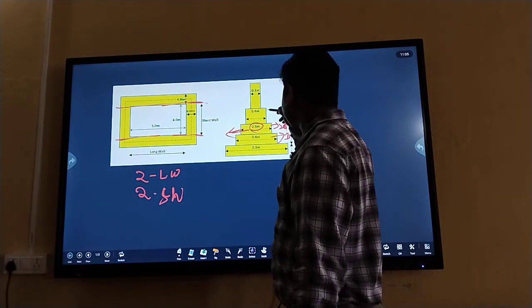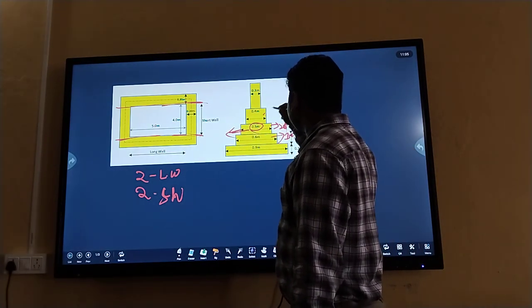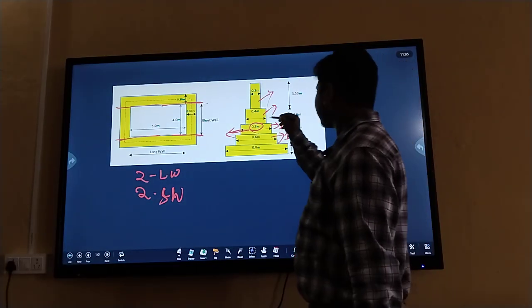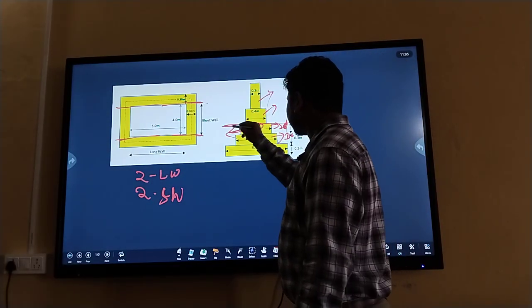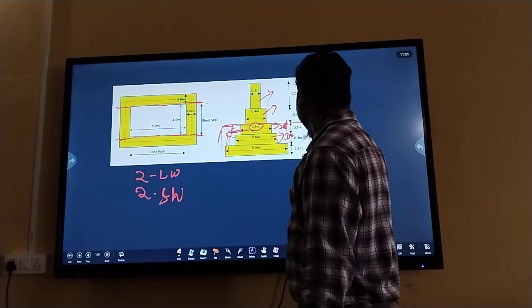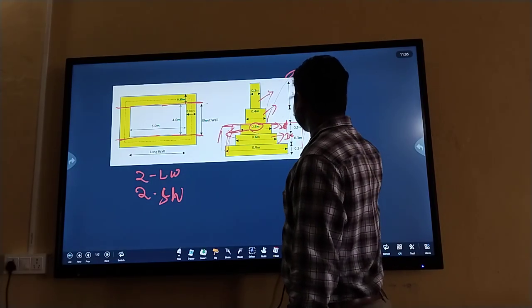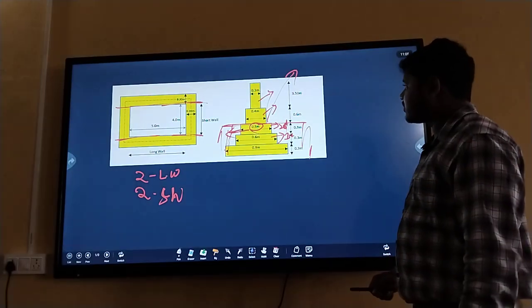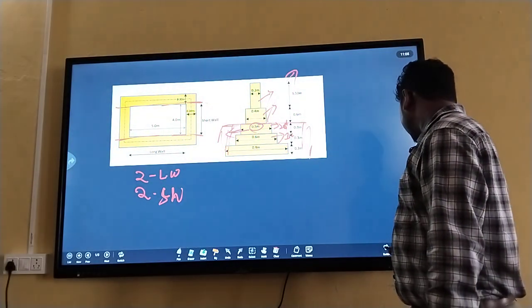Then we can calculate the superstructure portion from plinth and wall. This is our plinth. This is the substructure which is below the ground, and this is the superstructure which is above the ground. Now we calculate the superstructure portion. First we calculate the quantity of plinth.